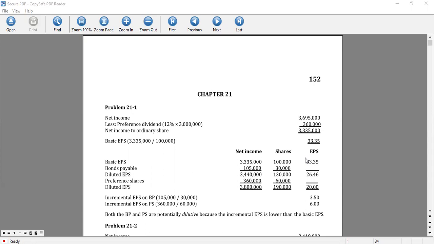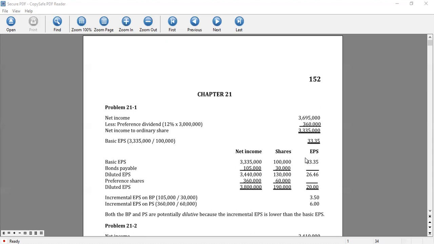So first, we have to determine the diluted shares. Initially, we have 100,000 ordinary shares, and then the bonds payable, if converted, will result to 30,000 shares, since the conversion ratio is 20 ordinary shares for every 1,000 bonds.